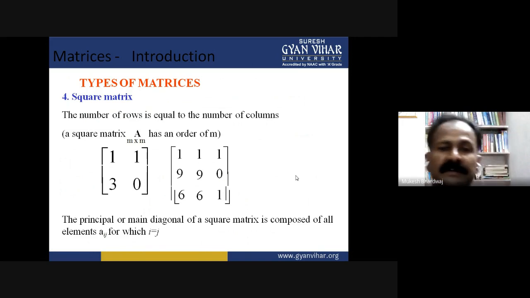A square matrix A, m by m, has an order of m. For example, 1 1 3 0 is of order 2 by 2, and 1 1 1, 9 9 0, 6 6 1 is of order 3 by 3. The principal or main diagonal of a square matrix is composed of all elements a_ij for which i equals j.